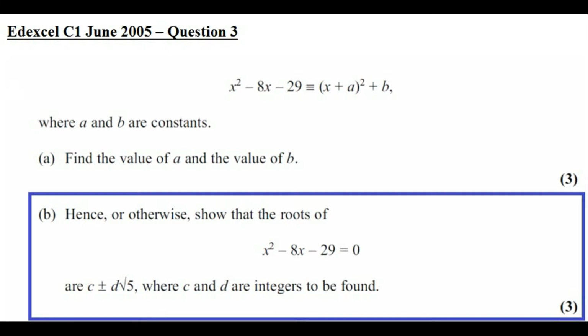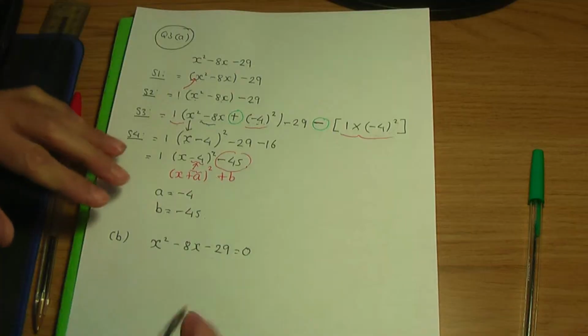In part B, hence or otherwise, show that the roots of x squared - 8x - 29 = 0 are c plus or minus d root 5, where c and d are integers to be found. So let's see how this is done. Let's go back to the paper and pen.